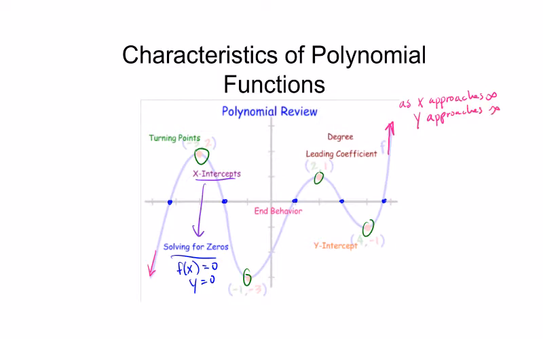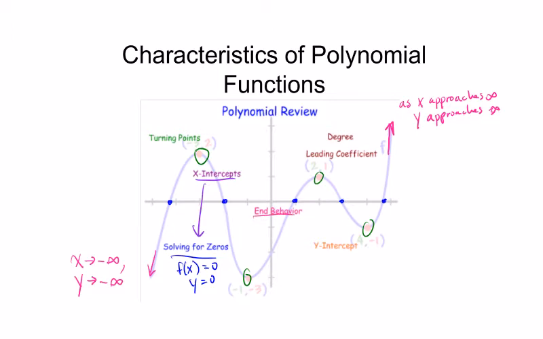Okay, so basically you can say as it goes right, it goes up, or something like that. It goes up and to the right forever. And then you could say, the counterpart down here, as x approaches negative infinity, you can write it like this. X approaches negative infinity. You can say y also approaches negative infinity, right? So as x goes to the left, y goes down. So that's another way to say it. All right, so that's end behavior.